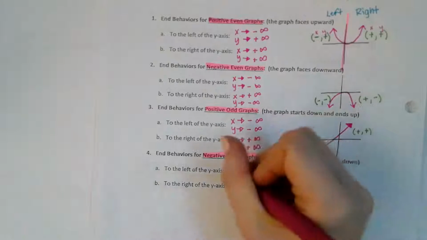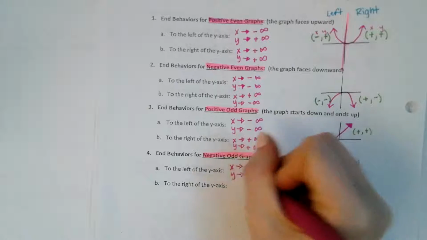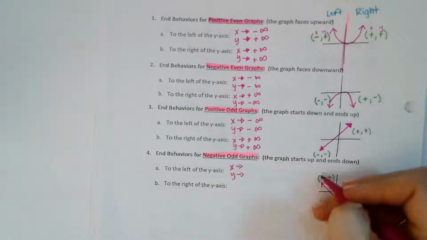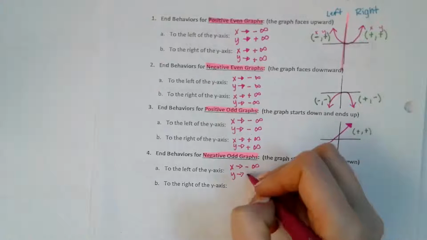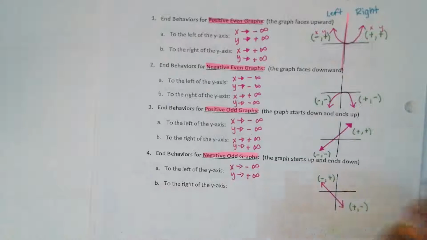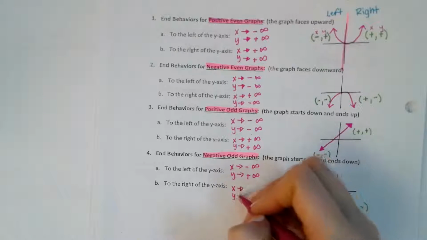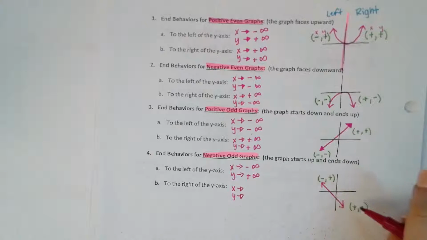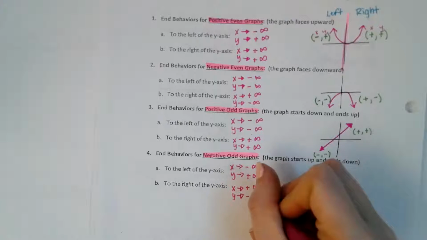So on the left, x is negative infinity and y is positive infinity. And on the right, x is positive infinity and y is negative infinity.